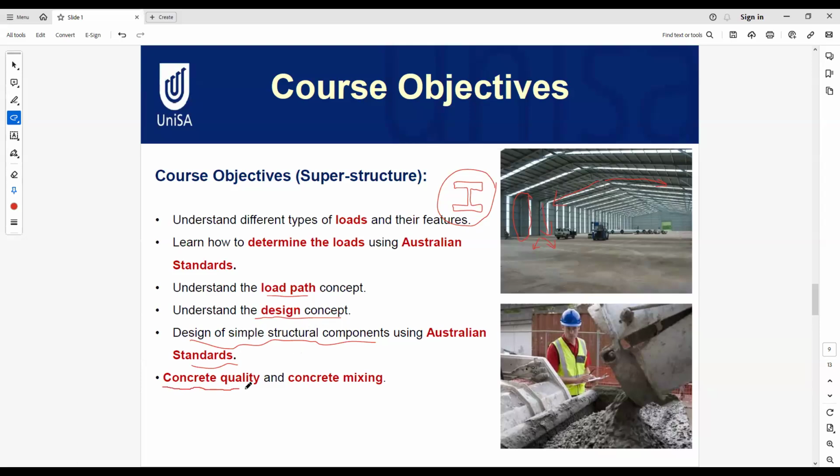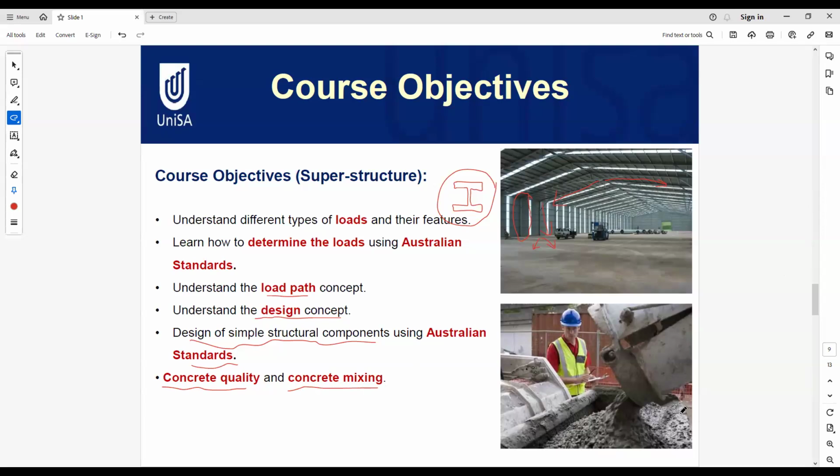The last thing we will learn in this superstructure component is concrete quality and concrete mixing. Dr. Tom Ben will teach you how to mix concrete, the mixing procedure, and the mixing proportions to achieve certain properties of concrete.